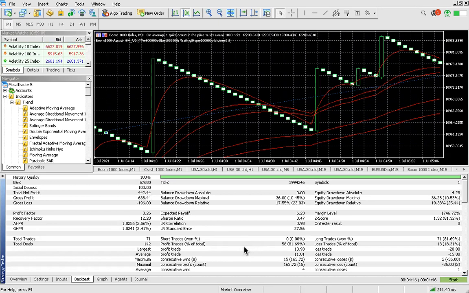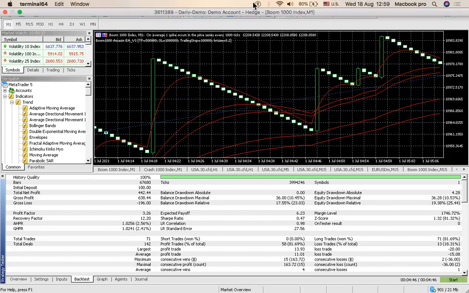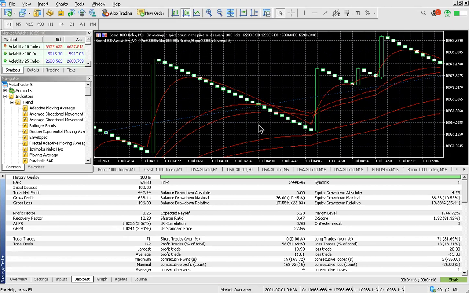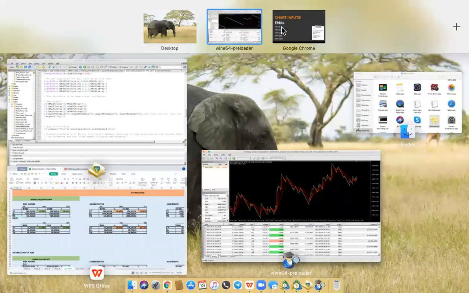And if you check the profitable number of trades, there is 81% of the total number of trades, and the maximum equity drawdown was $36, which means the maximum you were ever down for is $36, which is very good statistics. And the maximum number of consecutive losses for this particular EA is 2. I mean, you have to admit this is a very, very efficient EA. So guys, that is basically it on the EA.